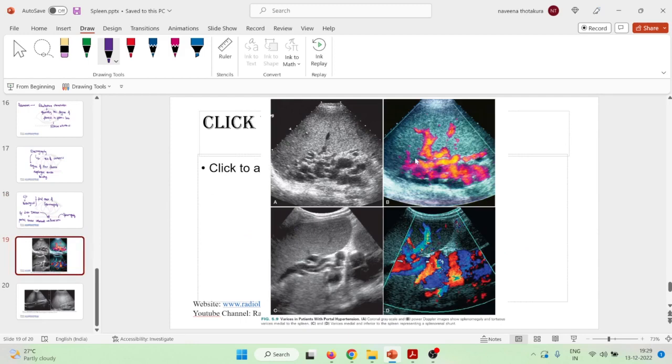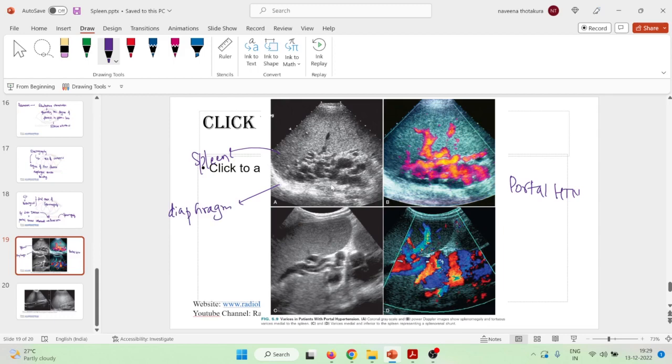So if you see, this is a patient with portal hypertension. These are the collaterals. This is actually a color Doppler picture. See, this is the spleen. This echogenic structure is actually the diaphragm. So this is the spleen. What are these?